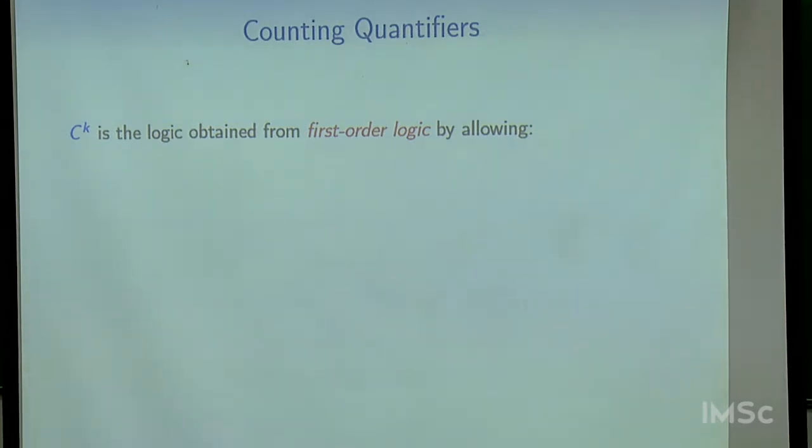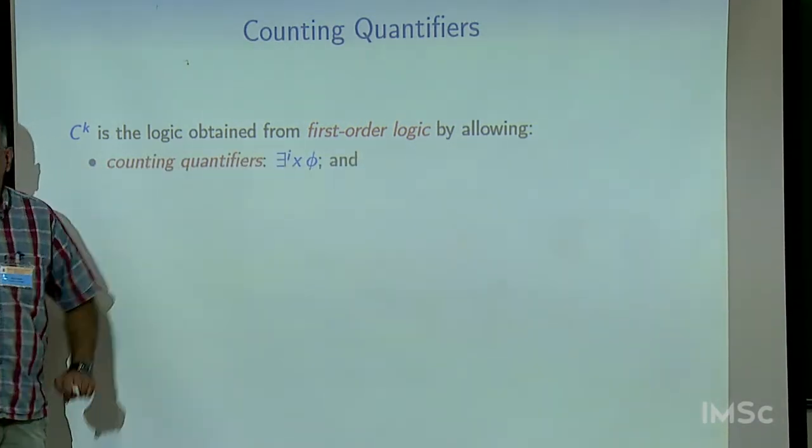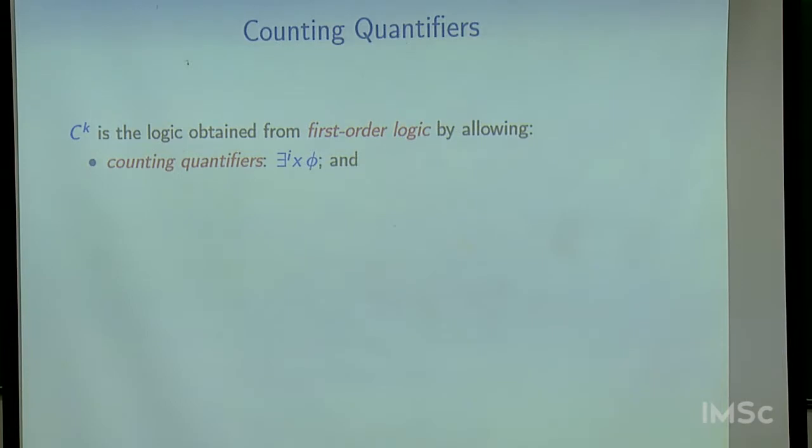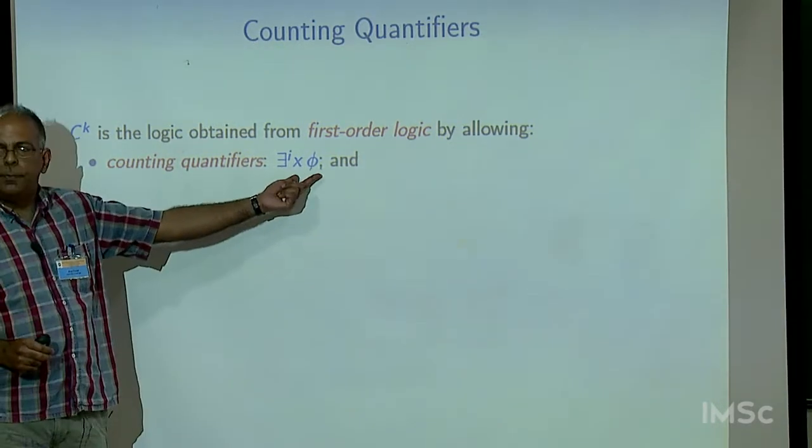Now, we want to translate this back. Again, what we want to do is like what we did for fixed point logic, fix the size and translate it into a first order formula. And the best way to describe this is by considering an extension of first order logic where we allow quantifiers of the form, there exists i elements x such that phi, for any constant i. For every constant i, we have such a quantifier. And this is to be read as there are at least i distinct elements x for which phi is true.